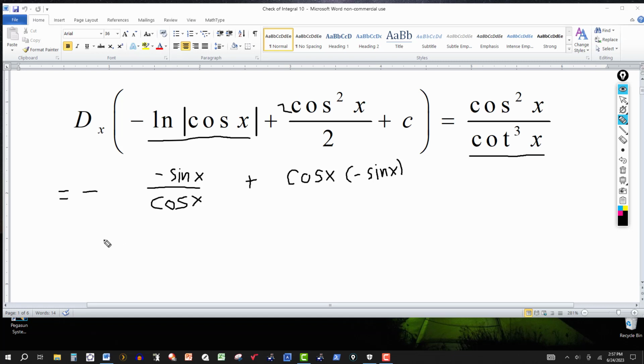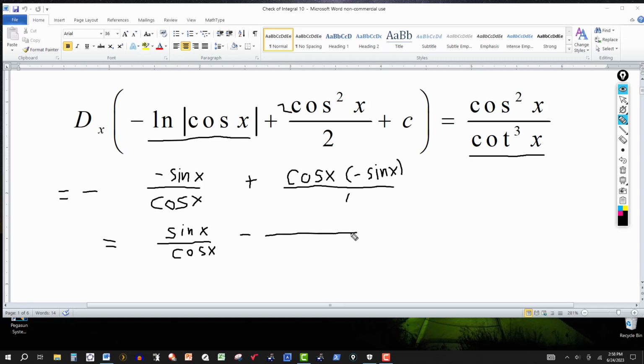So then this is equal to, the double negative there makes that a sine of x over cosine. And then to get the same denominator, we'll multiply numerator and denominator of this term, which is just over 1, by cosine, and then we have a negative there, so let's bring that over.